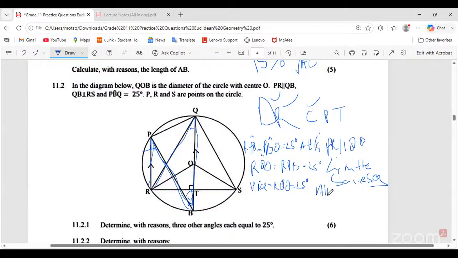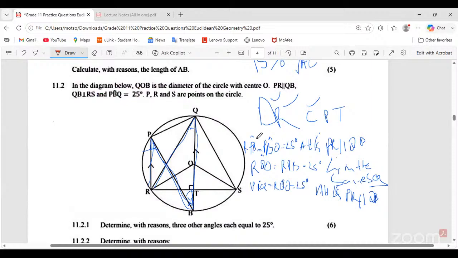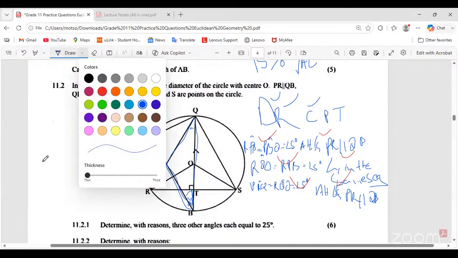Because those are the alternate angles. Why do I say so? Because PR is parallel to QB. Now you will get your beautiful 6 marks. You get for the statement, reason, statement, reason, statement, reason. 6 marks. Okay.